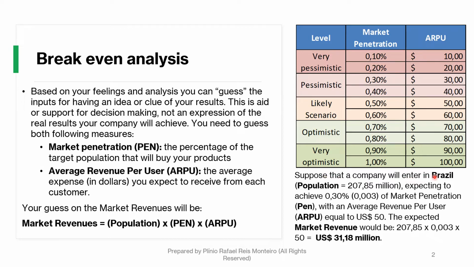Suppose that a company will enter Brazil with this size of population, and we expect to achieve 0.3% of the population as market penetration. And I believe the average revenue per user in the likely scenario will be something like $50 per customer. So the expected market revenue will be this number here. We need to check what levels you need to achieve to become profitable in each of these dimensions.